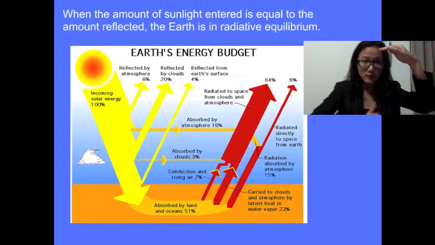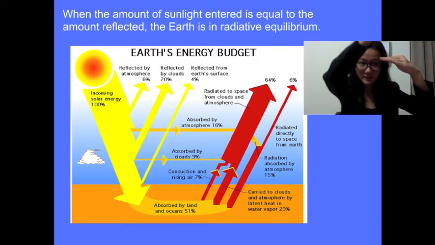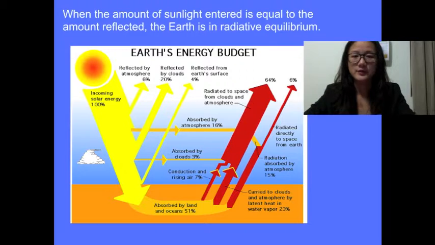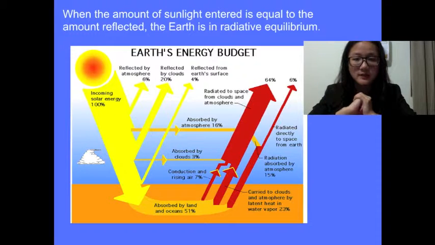But then remember, when it goes back out, this also means that some is reflected back down here, while some passes through. And so, this graph shows how energy enters the Earth and how it goes back to space. When the amount of sunlight entered is equal to the amount reflected, the Earth is in radiative equilibrium. You have understood what albedo is.